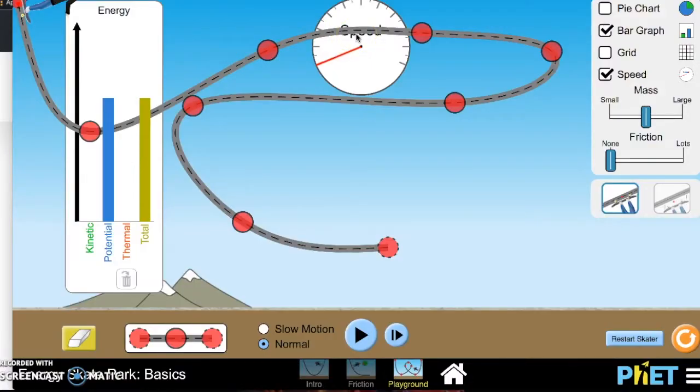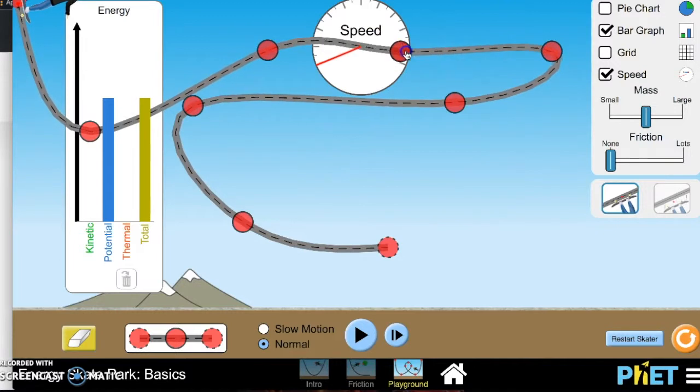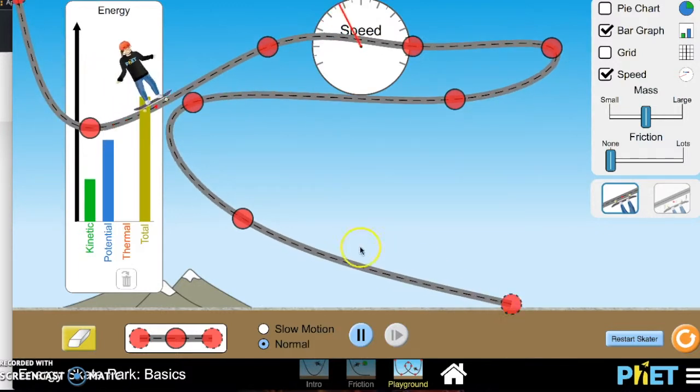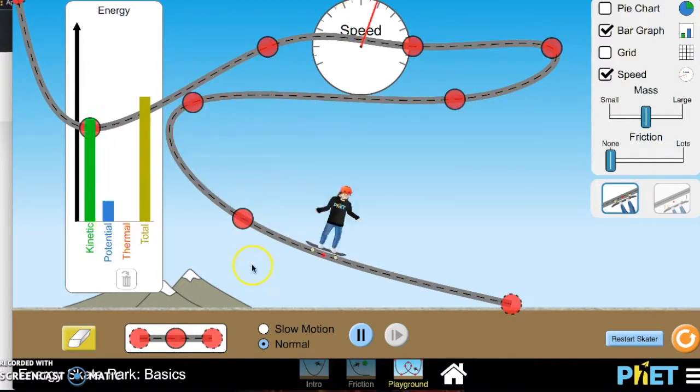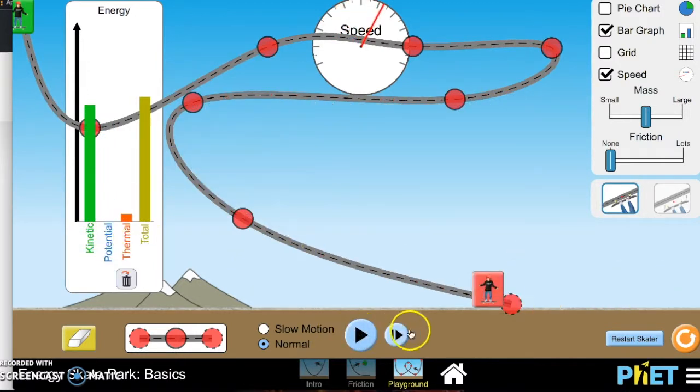Yeah, there's also another thing about this speed here. If I let this guy down and he will travel down, he will have a certain speed. It will all be about how much kinetic energy and how much potential energy there will be. Except at the last bit.